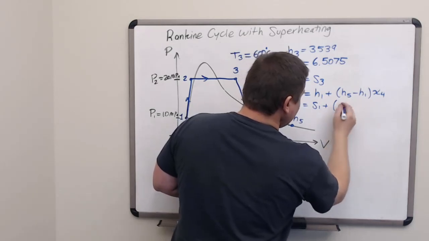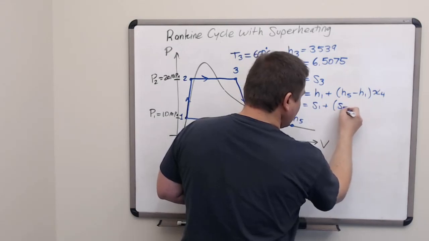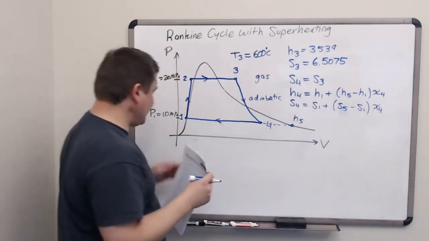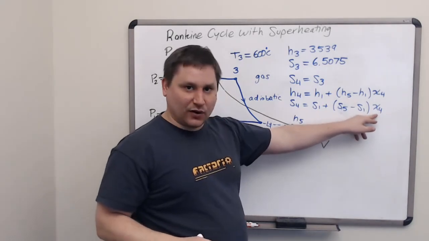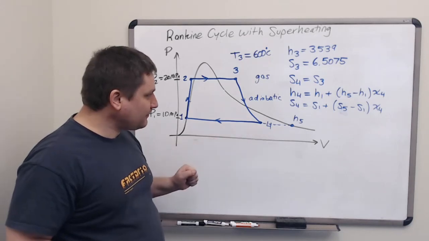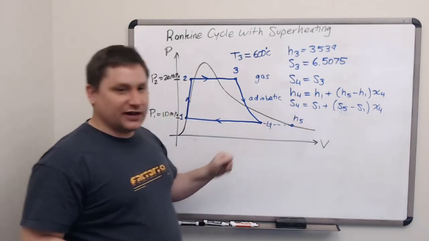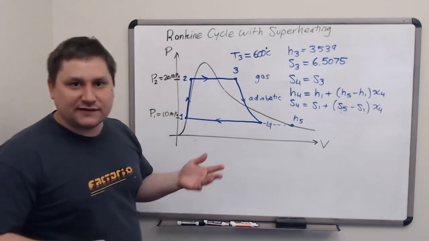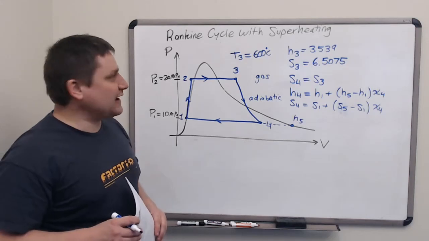We can use the entropy value that we know from location 3 along with the values we look up for the entropy at location 1 and location 5 to figure out the quality X4, the percentage of liquid at location 4. We then use that quality value to determine the enthalpy at location 4 by using the lever rule again. The calculation of heats and efficiency and work works out in the same way as it did for the cycle without superheating.